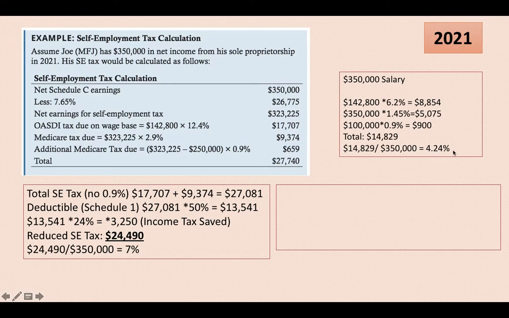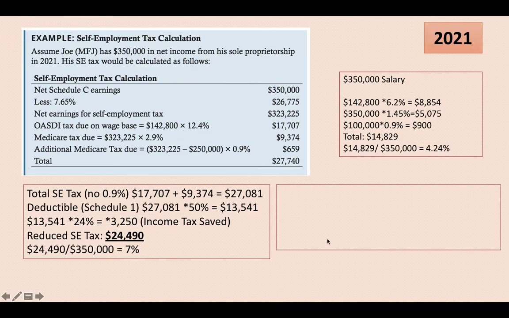So you can see as an employee, you are still paying lower, right? However, it's not that much lower. This self-employed is only 7% as well. Anyway, the main thing is it's a lot lower because you reached the cap of the Social Security. That's why it's lower.